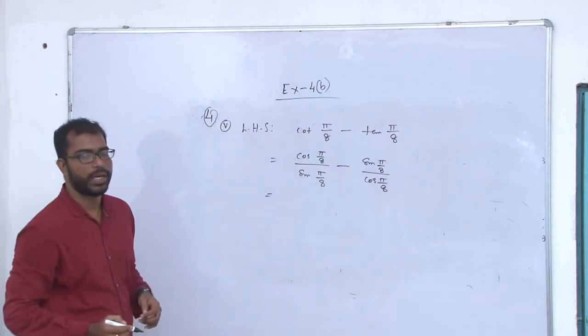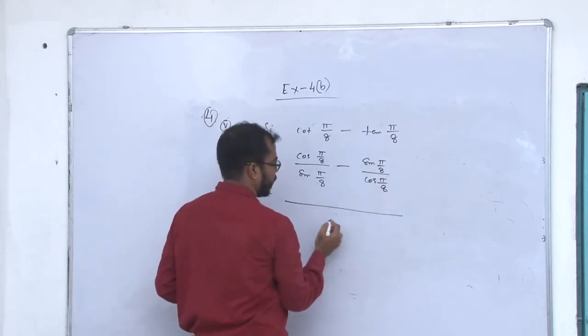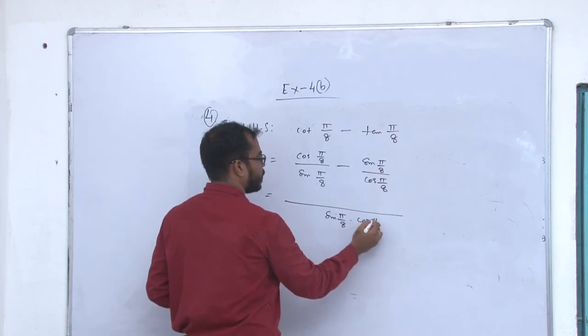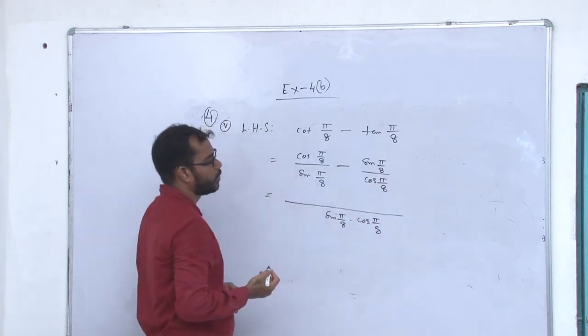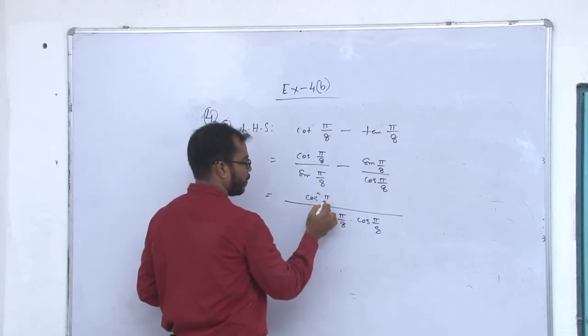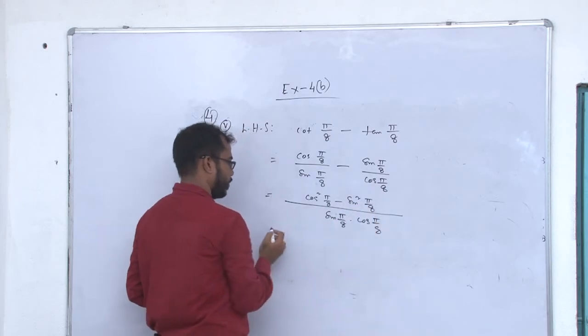Now we can take the LCM, that is sin pi by 8 into cos pi by 8, and the numerator will be cos square pi by 8 minus sin square pi by 8.